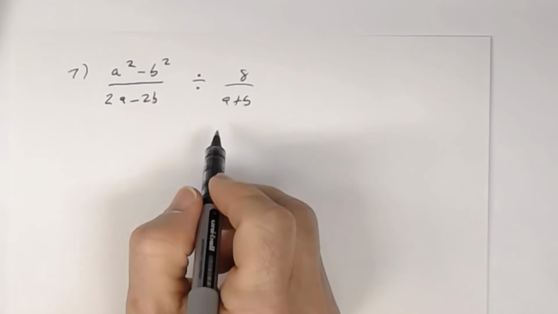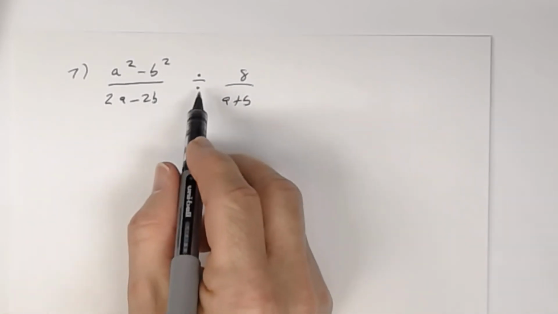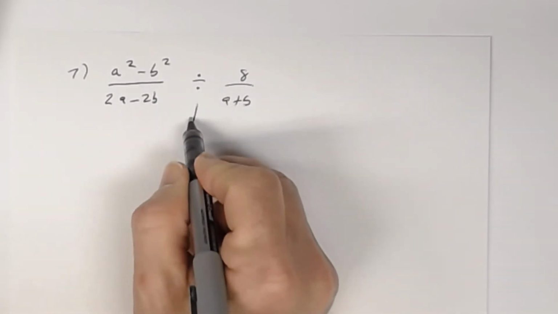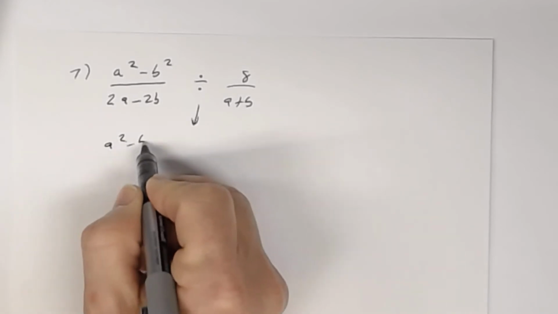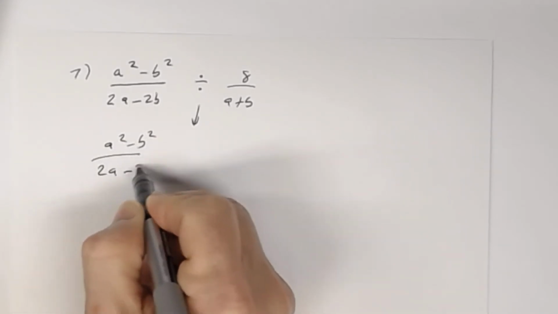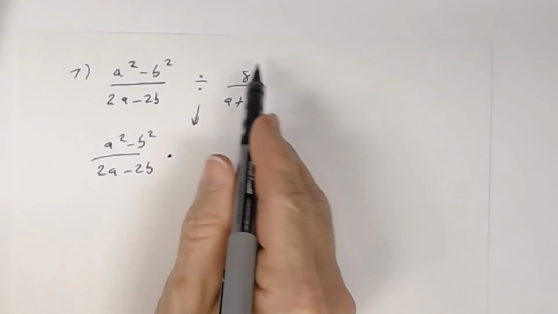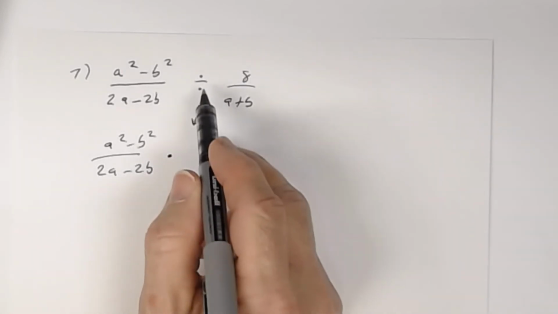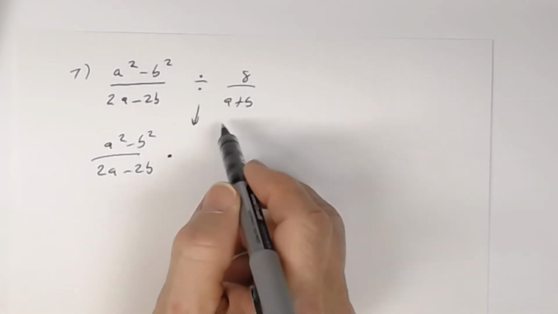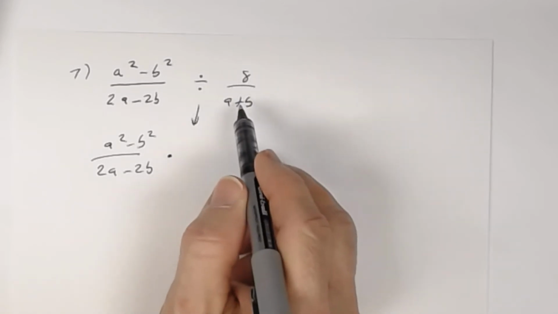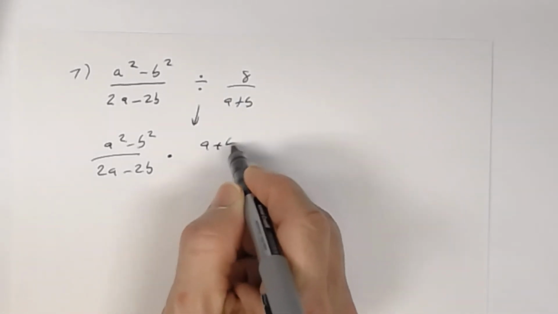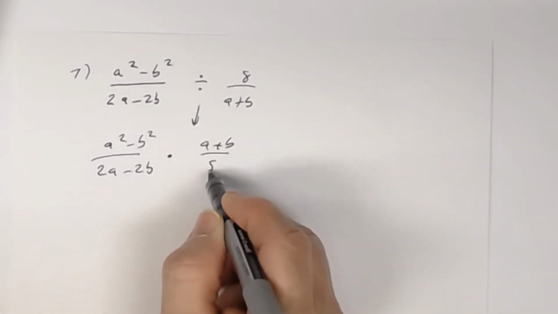Now the first thing you have to do when you're dividing rational expressions is change this to a multiplication problem. So we have a squared minus b squared divided by 2a minus 2b times the reciprocal of the rational expression following the division symbol. So the reciprocal of 8 divided by a plus b is a plus b divided by 8.